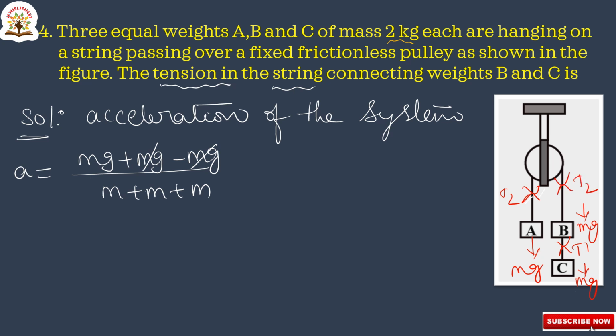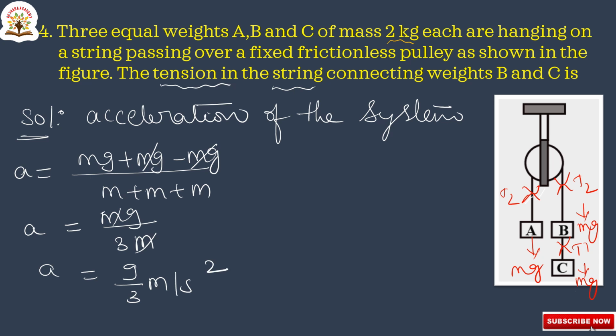Okay, now we are calculating acceleration. So mg gets cancelled. A is equal to mg by 3m. m gets cancelled. A is equal to g by 3 meters per second square.